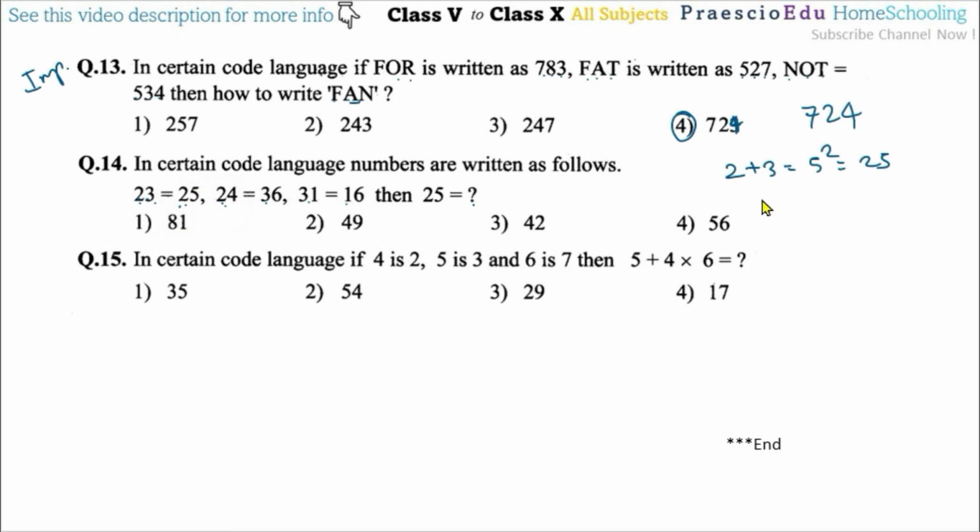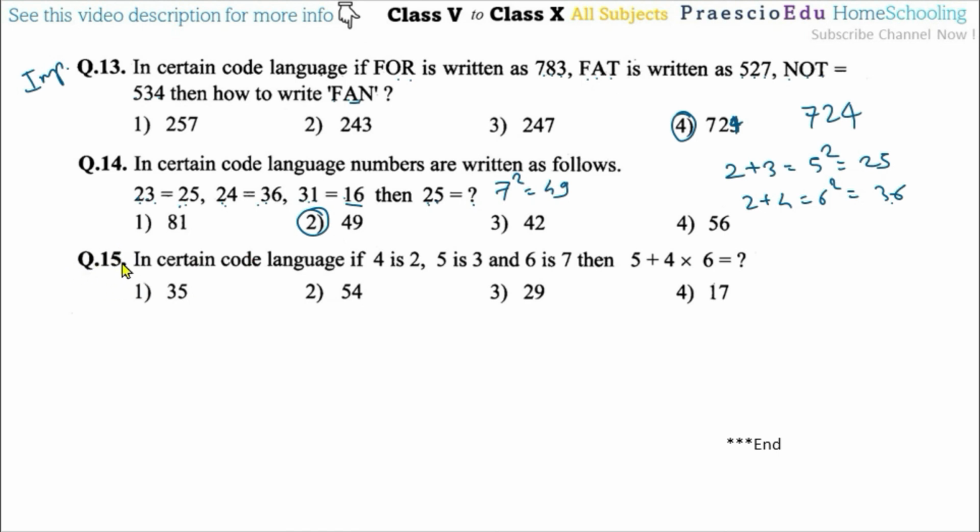Likewise 24, so 2 plus 4 is equal to 6, and 6 square is equal to 36. Likewise 3 plus 1 is 4, and 4 square is 16. So the same criteria we will apply for this 25. So 2 plus 5 is 7, and 7 square is 49. 49 is given in option number 2.